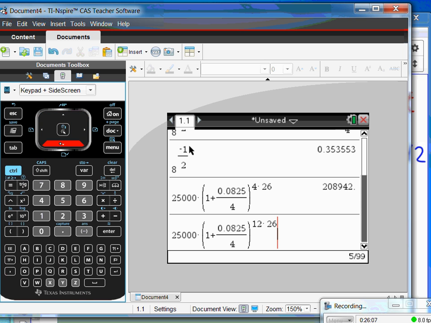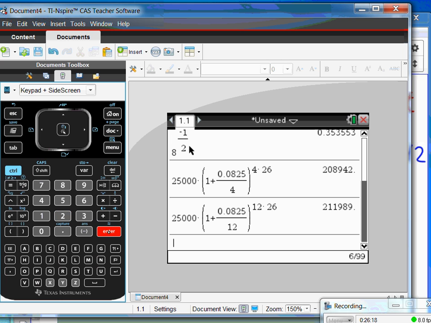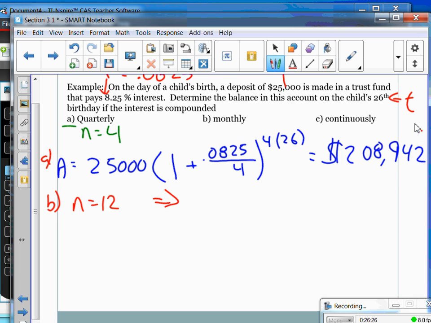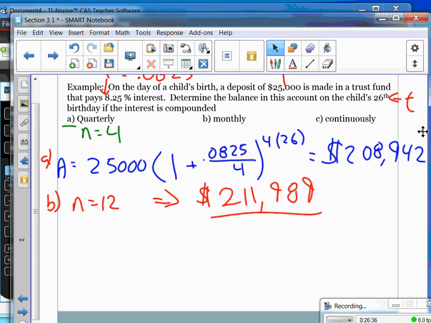Probably would have been easier just typing it in. Giving us 211,989. All we did there is use the exact same formula, but instead of having the 4s, replace those with a 12 since it's compounded monthly.